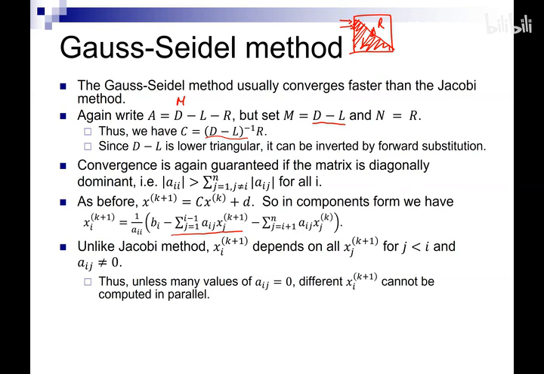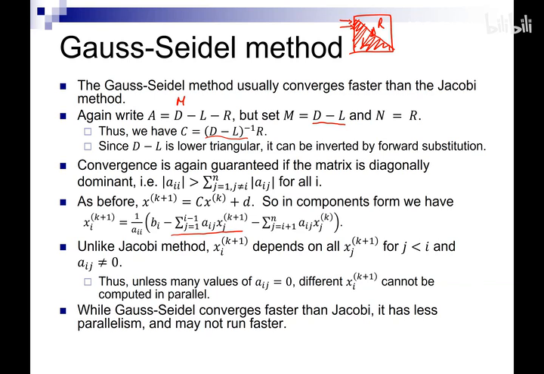However, for the Gauss-Seidel method, you can't do that anymore, because when you're trying to compute the ith component, you need to first compute up to component i minus 1 in the k plus first iteration. That means that for the k plus first iteration, you need to go through these components basically one by one, instead of computing all of them in parallel.